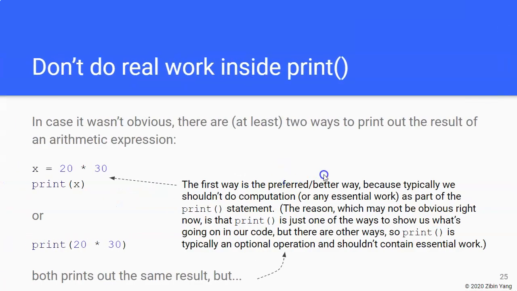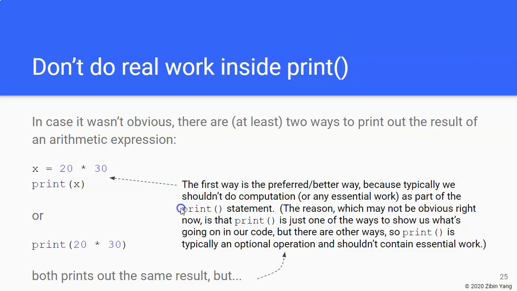The reason for that is, remember, we probably should not do any useful computation, or as a matter of fact, any kind of useful work inside a print statement. Now, print is typically for us human beings an insight into what the computer is doing, right?